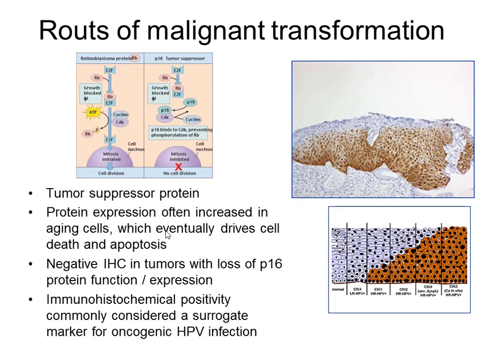Here I want to show you P16. It's a marker which is normally positive in the cells which are affected by the oncogenic variants of the human papilloma virus.